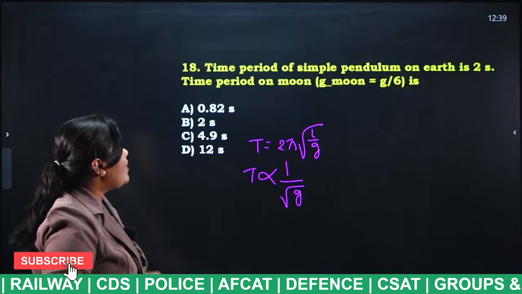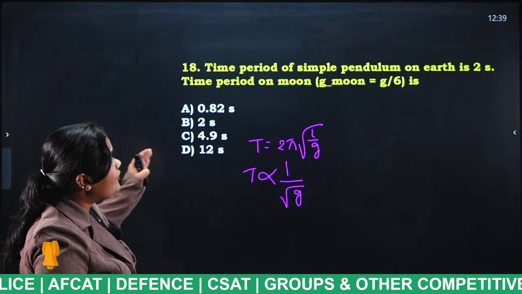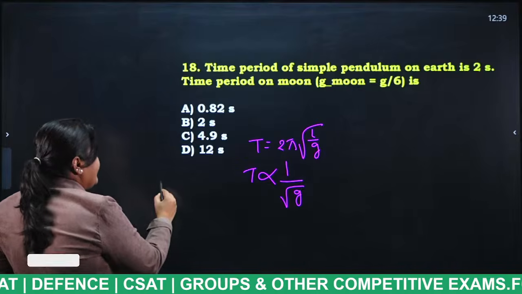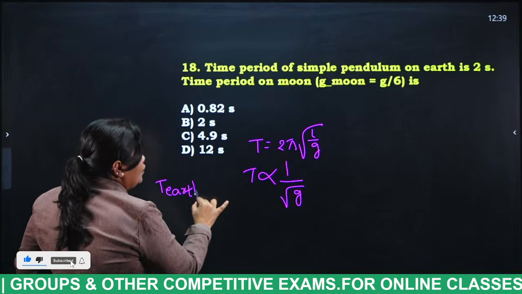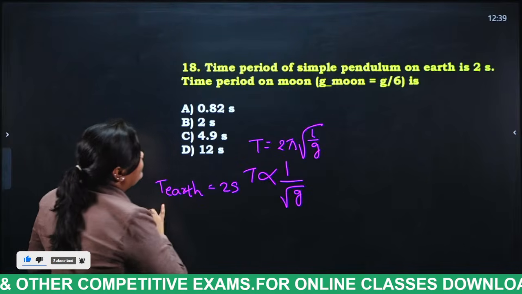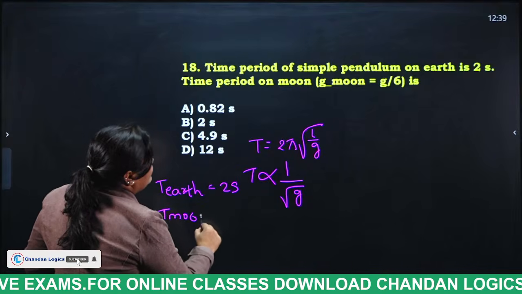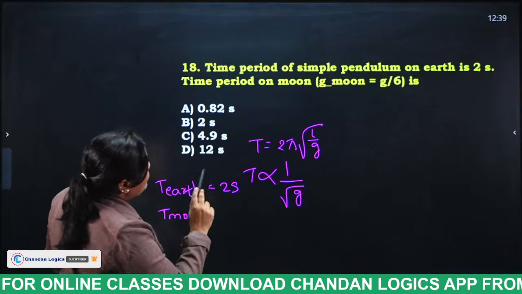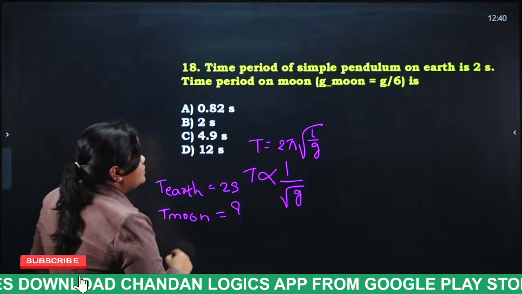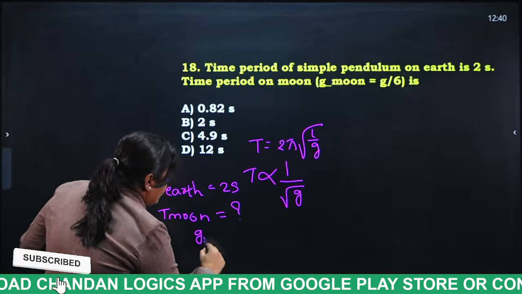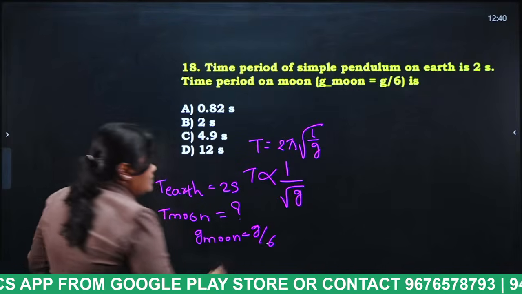Okay. From this, what we have to assume, students, they have given you the time period of the simple pendulum on earth, which is equal to 2 seconds. We have to find the time period on moon. They have given gravity on moon will be G by 6. So try to solve this.